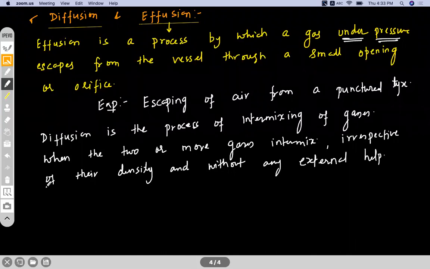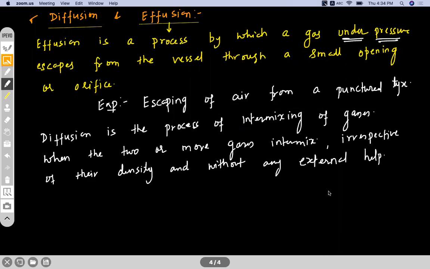When you press the knob of the perfume or deodorant, from the small hole the gaseous particles come out. That is the process of effusion. And when it comes out, it diffuses into the atmosphere, and we get the smell from a certain distance, right? That smell is because of diffusion, but leaking of the gaseous particles from the bottle is effusion.